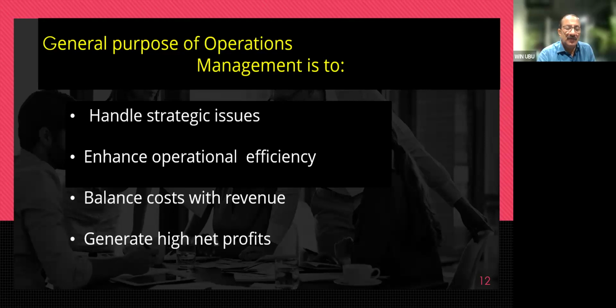Similarly, they have to give continuous training to all the employees. With continuous training, they get motivated and sharpen their tools. So that is a method of operational efficiency.